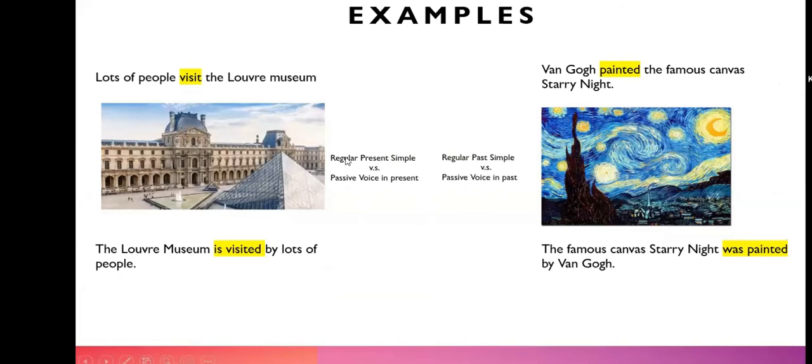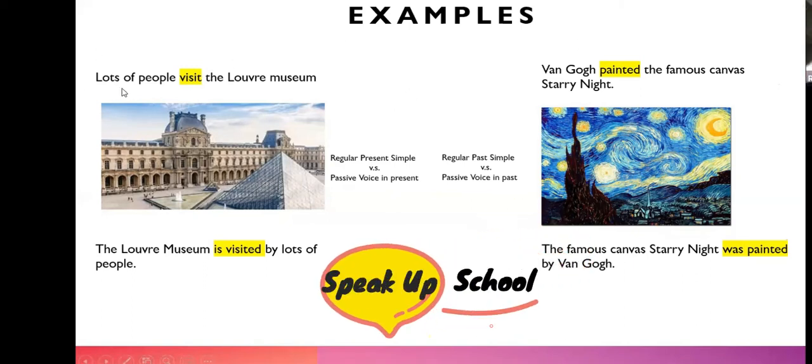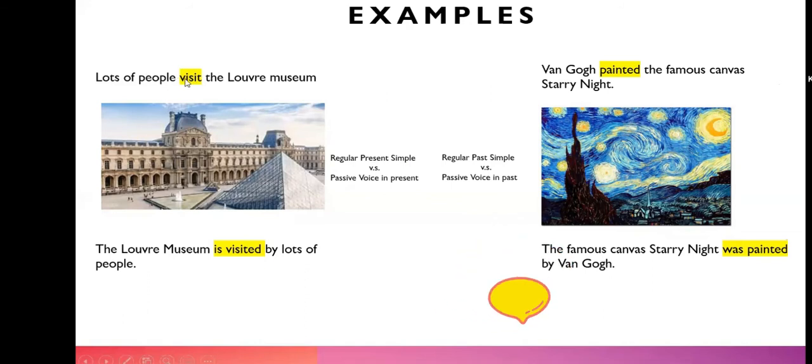First, we have regular present simple in active voice. A lot of people visit the Louvre Museum. Who are we talking about in this sentence? Who can tell me? About the people, exactly. Lots of people visit the Louvre Museum. What happens if the Louvre Museum, this one, which is our object, we change it to the beginning? This is what happens.